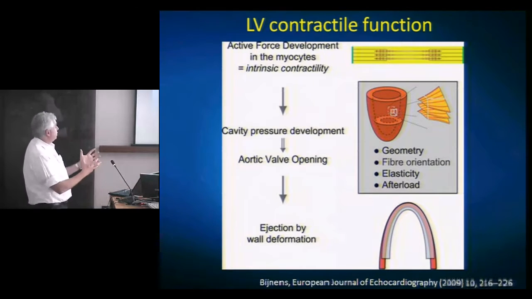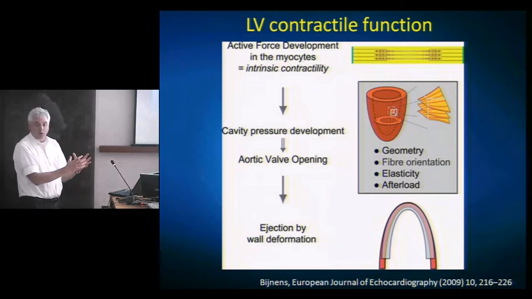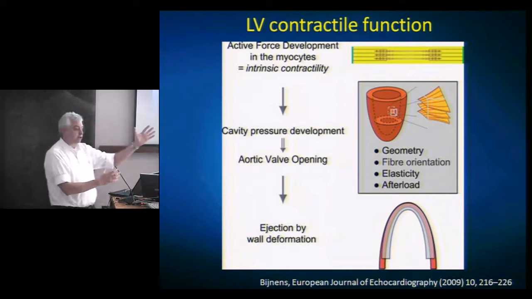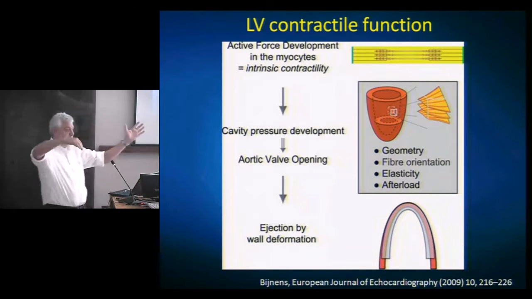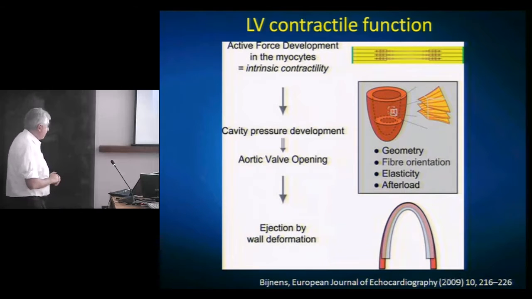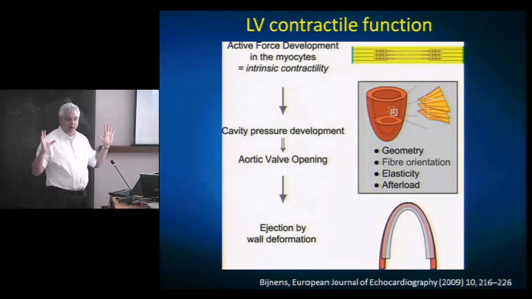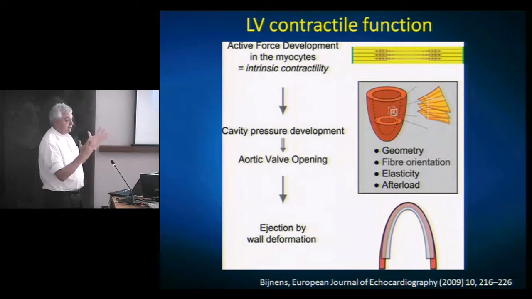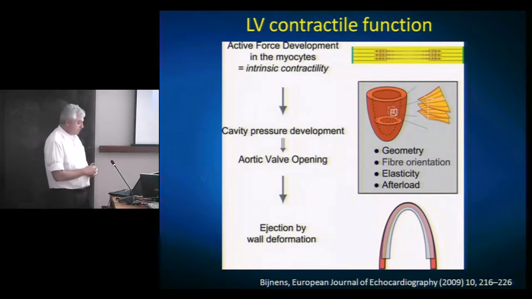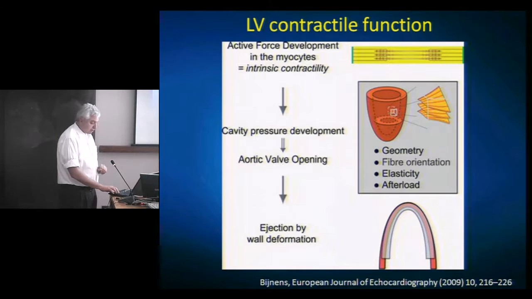It then wants to eject blood by deforming the wall faster. So I told you about the strain rate being early and strain developing through and peaking at aortic valve closure. And this is influenced by ventricular geometry. We've talked a lot about that with ventricular dilatation and remodeling, the fiber orientation that I talked about in the first day, as well as other components such as elasticity and the actual afterload.